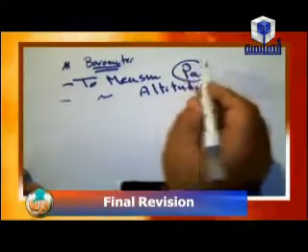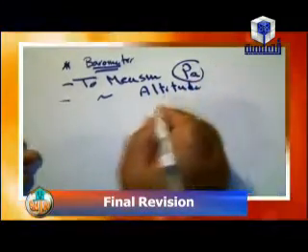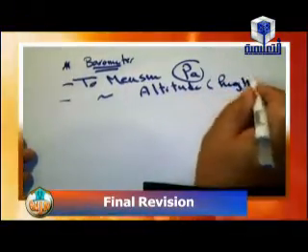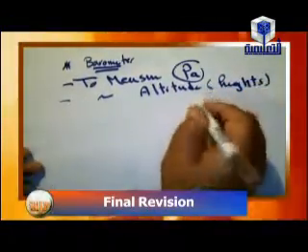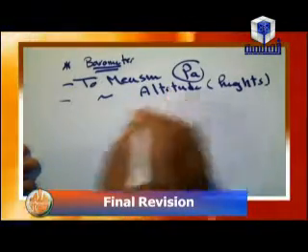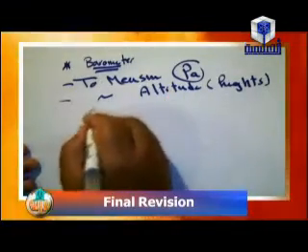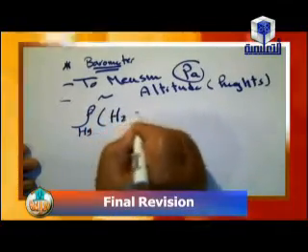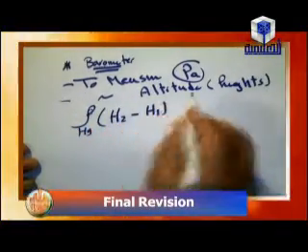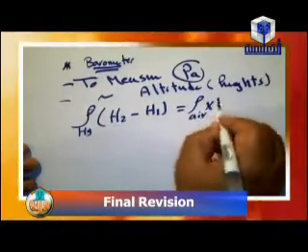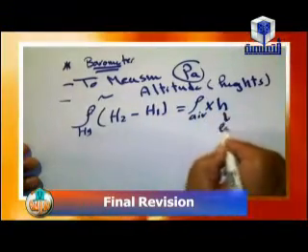So the barometer is used in measuring atmospheric pressure and altitude or heights. Such a device is called an altimeter. So the rule which is used to find the altitude is rho mercury times (H2 minus H1) equals rho air times H, where H represents height.